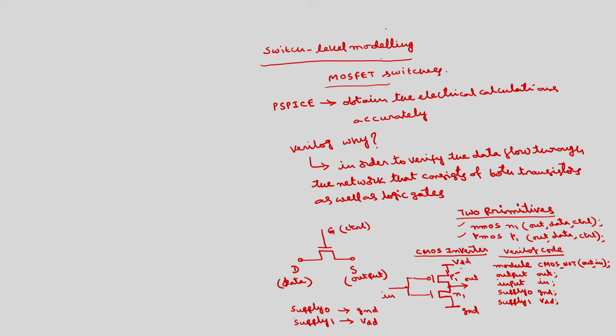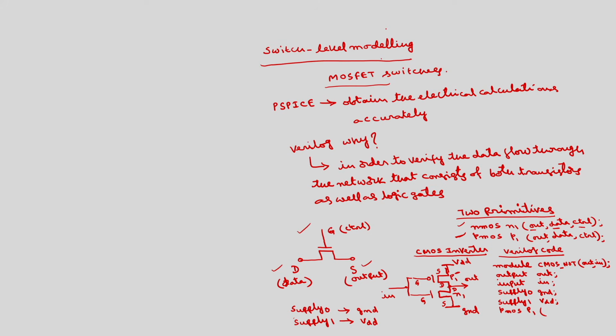Then P1: this primitive is PMOS, and P1 is the optional name of the gate. The general structure is out, data, control, where out is normally source, drain, gate. For this inverter, this is the source of PMOS, this is the gate of PMOS, this is the drain of PMOS, whereas for NMOS, this is source, this is drain, this is gate.